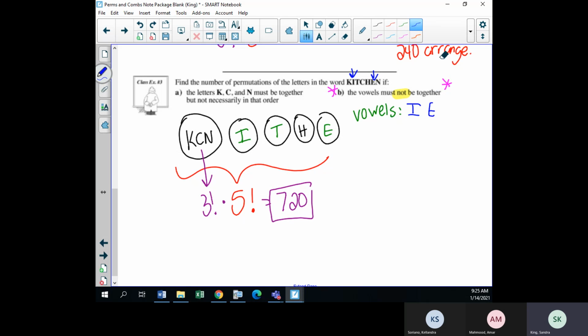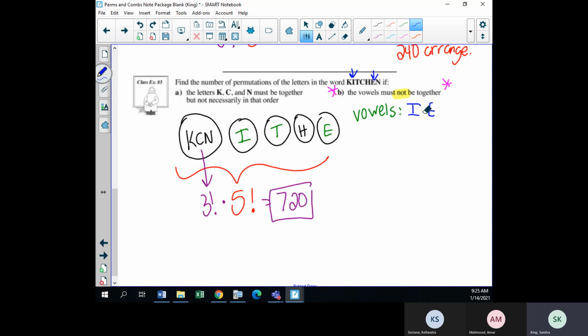So what they are saying is, how many words can we make if the vowels are not together? That is really, really difficult to figure out. How many different arrangements are there not together? So what we do in math is we do the opposite of that.